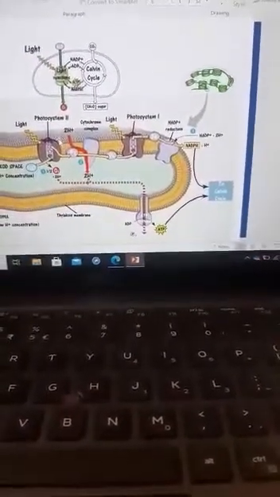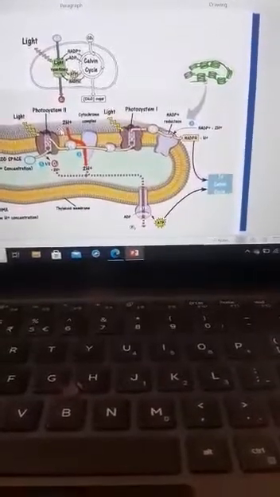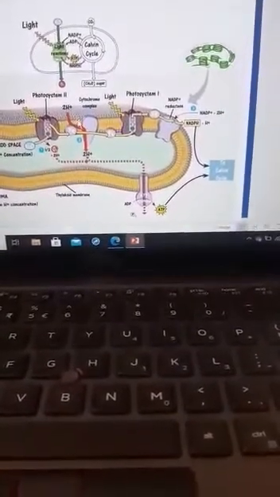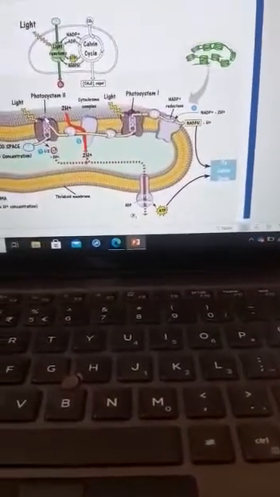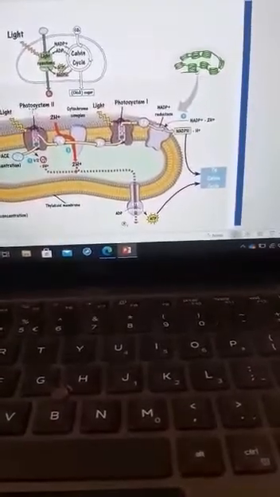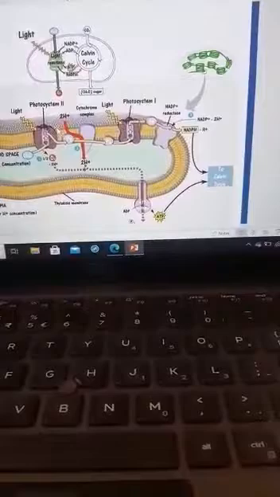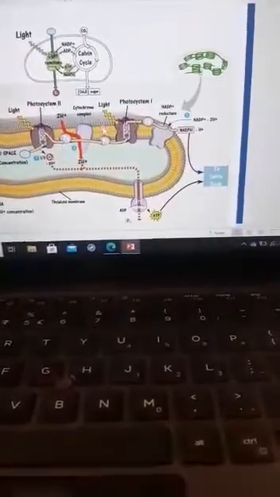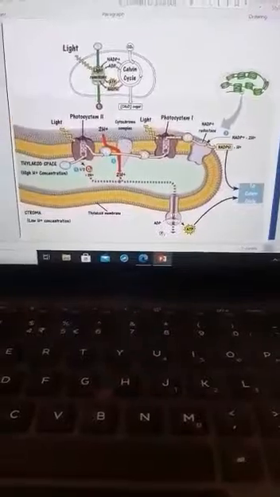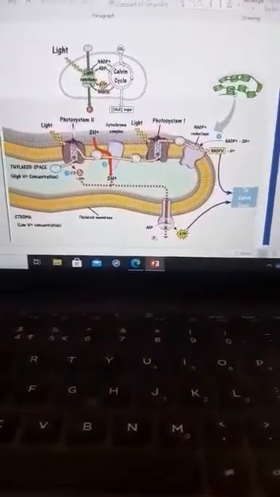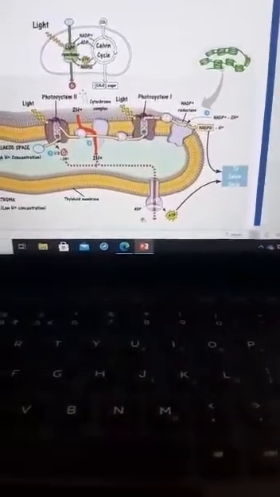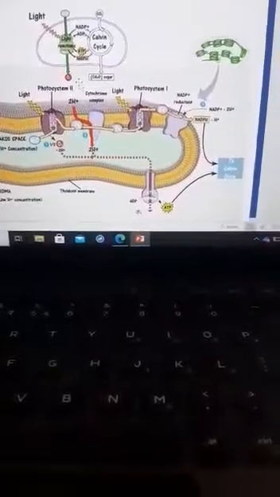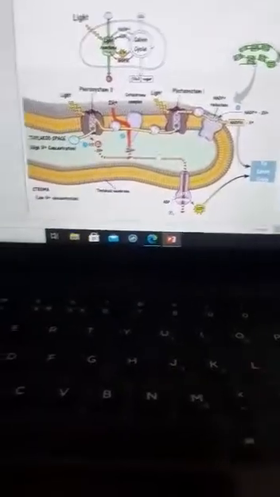As electrons are moving from one electron carrier to the other, all the way from photosystem 2 to photosystem 1, these electrons lose the energy that they were having bit by bit, and apparently that energy is used to pump hydrogen protons from the stroma matrix, the other side of the membrane, to the thylakoid space, which is on the other side of the membrane.